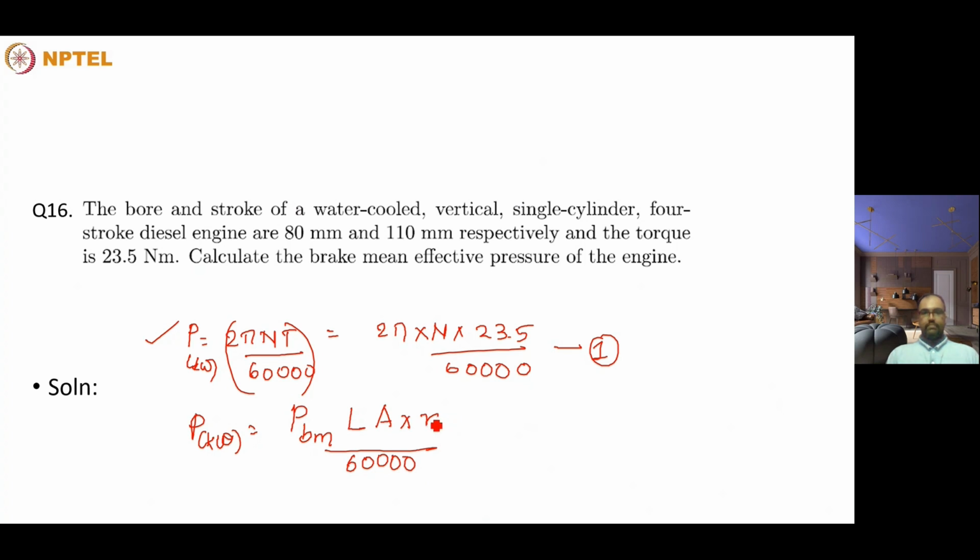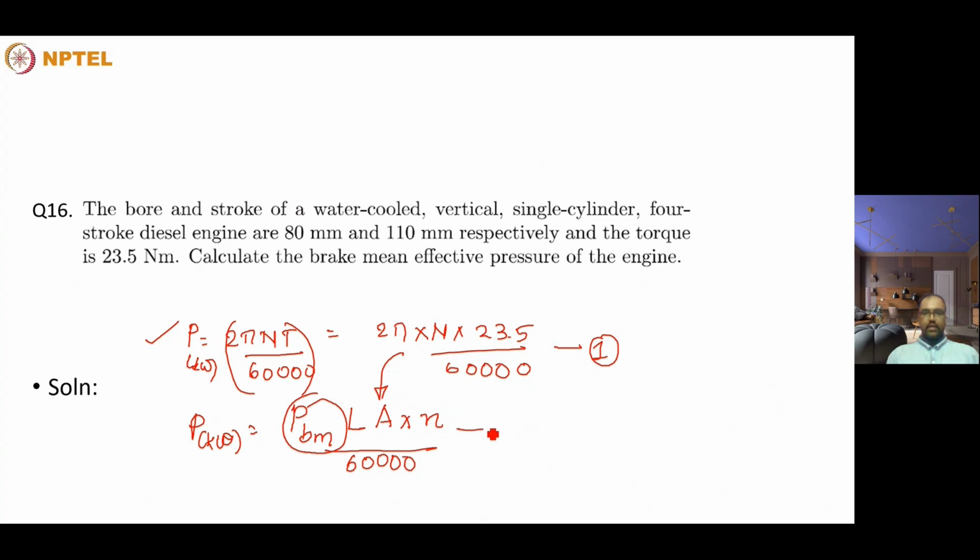So N is a quantity we do not know. We have to calculate this brake mean effective pressure, so by equating these two, we can get the value.